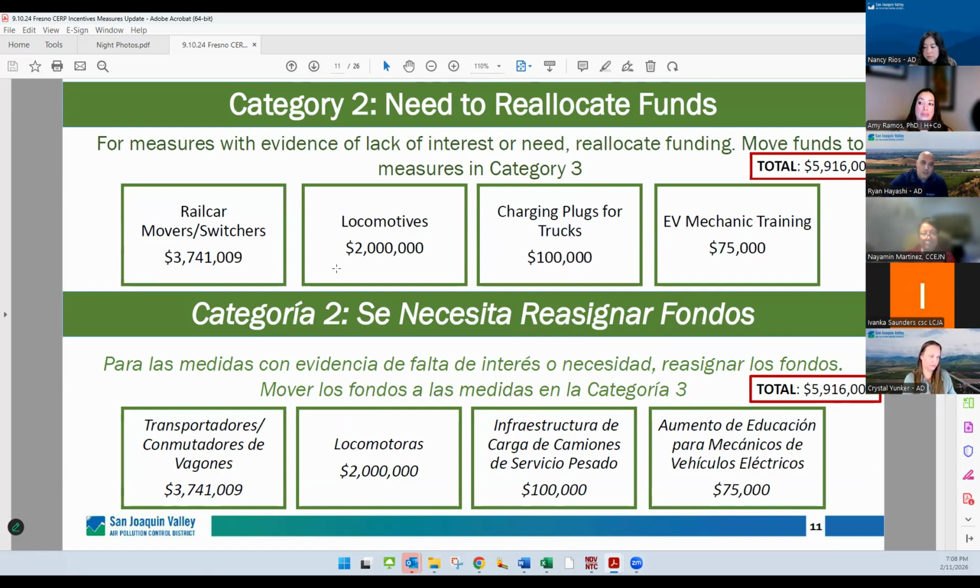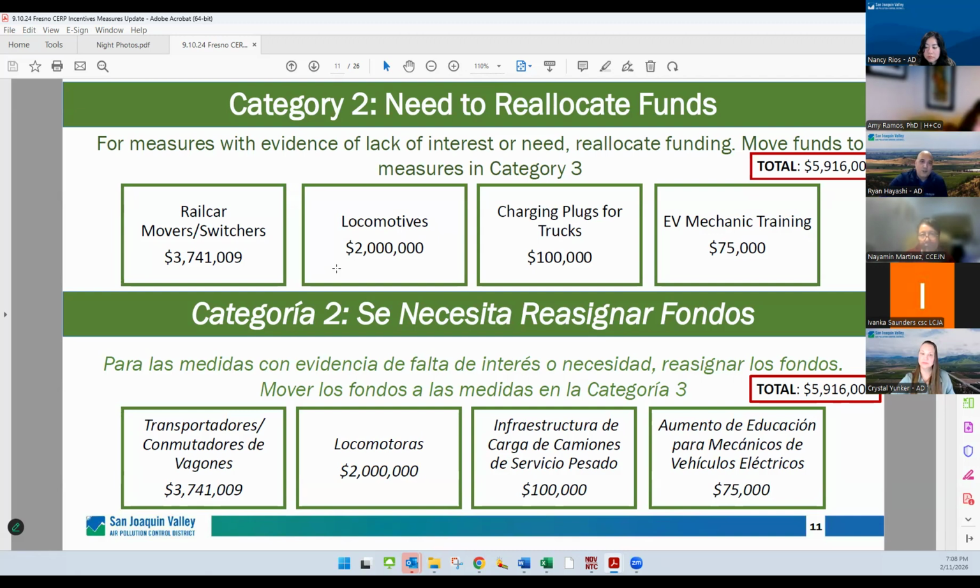Rail cars, movers, and switchers. These are not the long haul pieces of equipment. They're locomotive engines that are used in much smaller spaces, so they pretty much stay within the area.